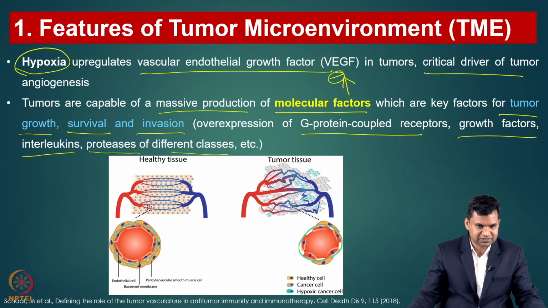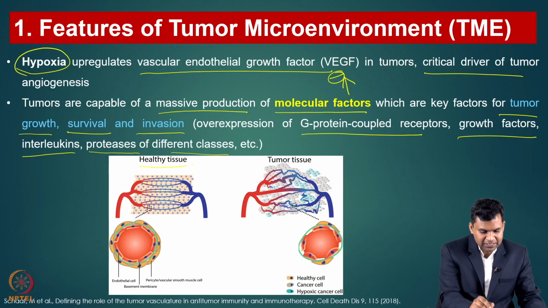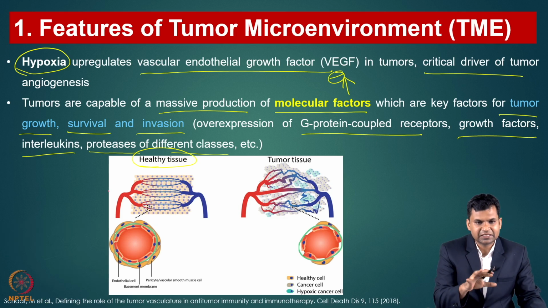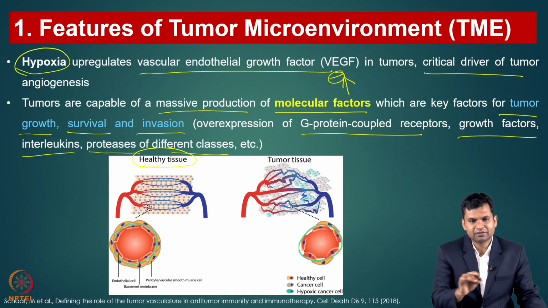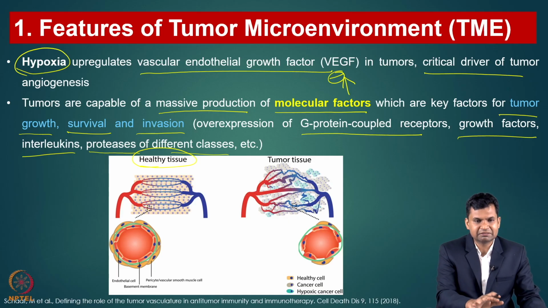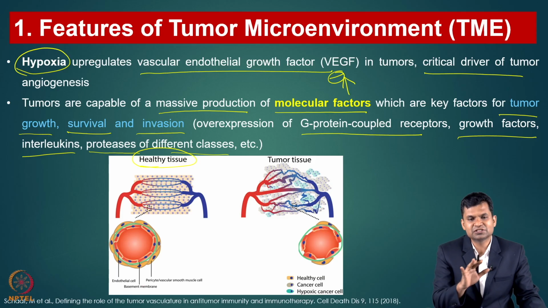Now, here you can see the healthy cells. There is the formation of blood vessels in a controlled manner, and you will see the blood supply. There is no disturbance in the normal cells, right. You can see the endothelial cells, their structure is proper, there is no change and no damage in the cells.